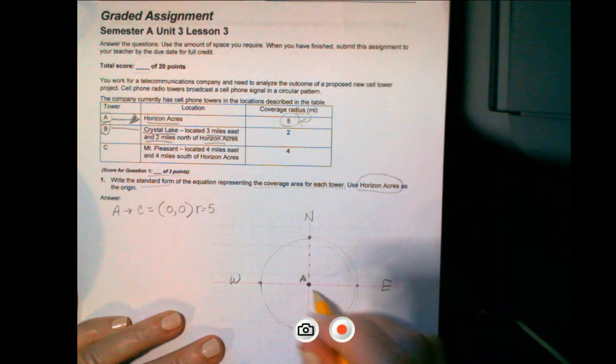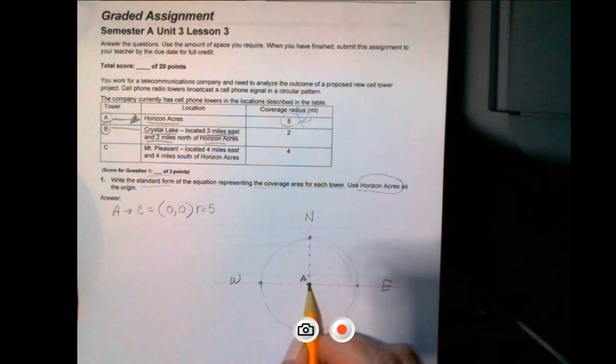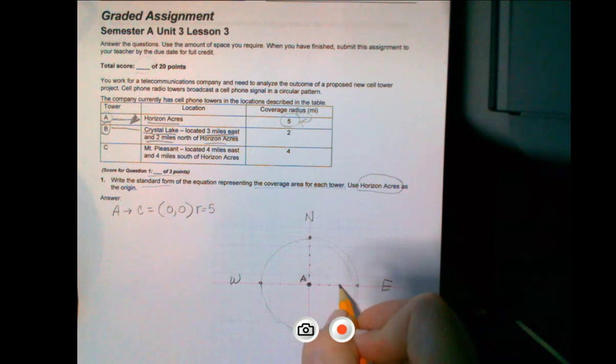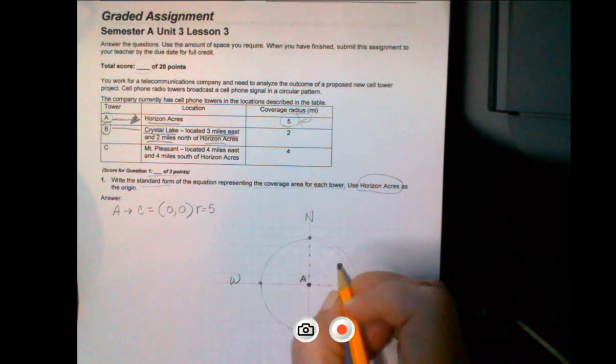So now that I have my orientation, I'm going to go 3 miles east. So start here and go 1, 2, 3, over 3, and 2 miles north. So I'm going to go up 2, 1, 2. So this is where Crystal Lake is located.